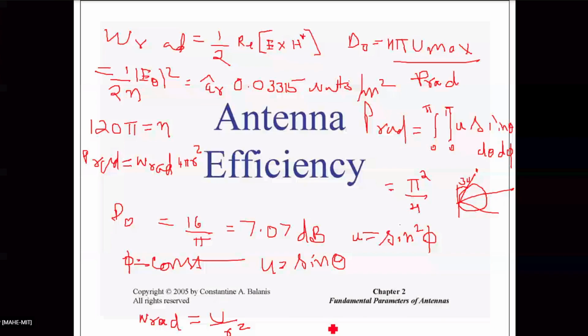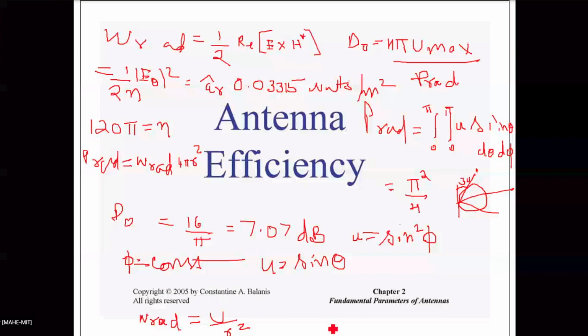Yes, sir. So now find D naught, the directivity of the antenna. When the direction is not specified, you take it as the direction of maximum radiation. D is directive gain, and directivity is the maximum directive gain. So D naught is 4 pi U max by P rad.